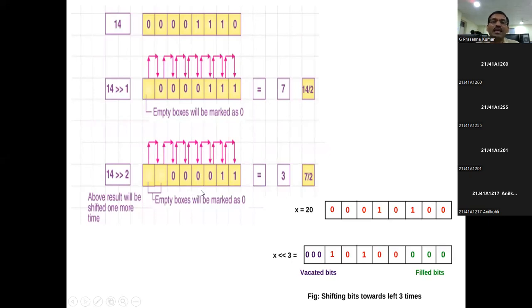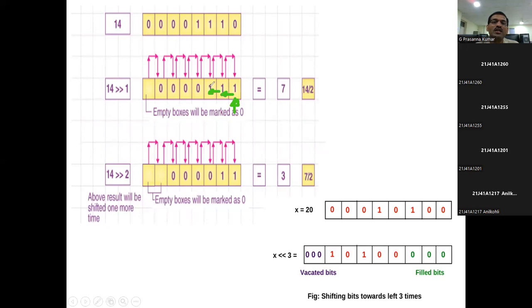Okay, similarly for the left shift operation, it empties the left side bit and transfers the bits from this direction.